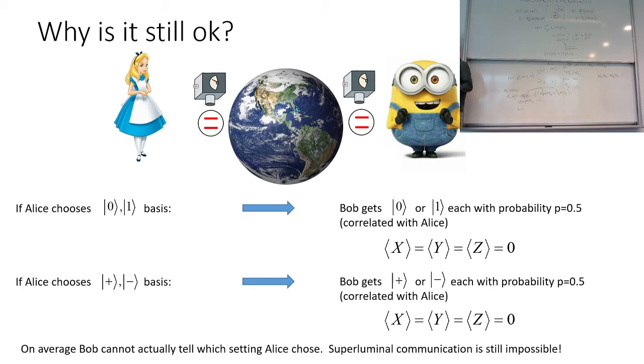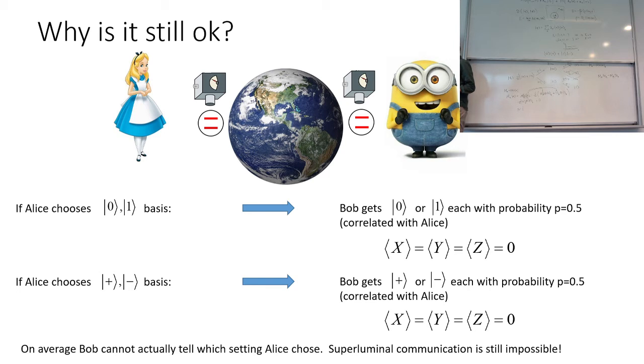And then because it's random, there's actually no way that you can use that information to, for example, make a device to communicate faster than the speed of light. So for example, if you measured any variable like x, y, or z, you always get 0 because it's totally random.